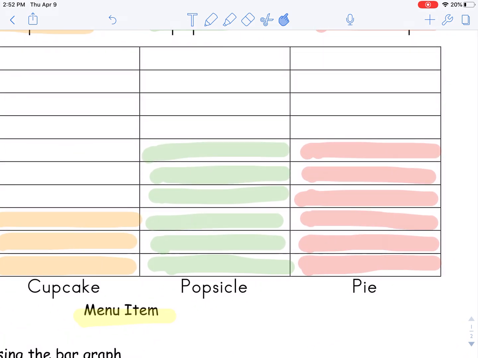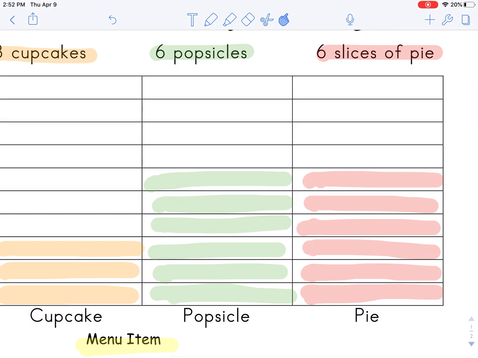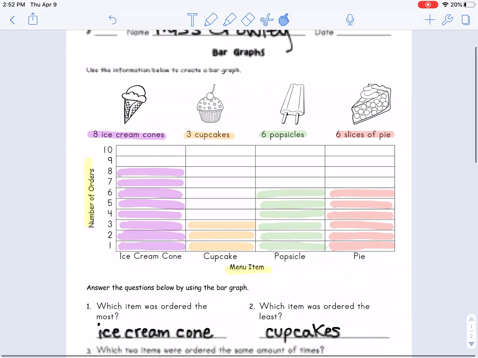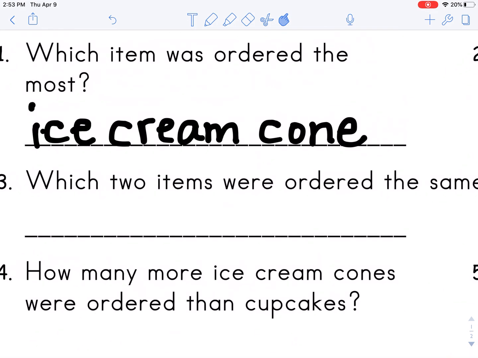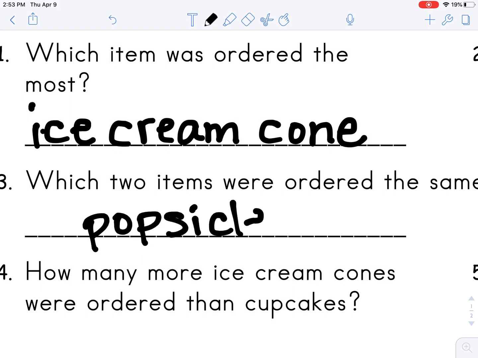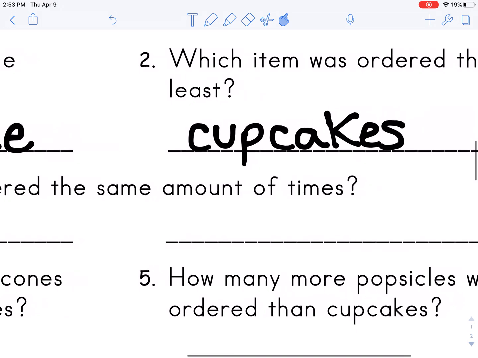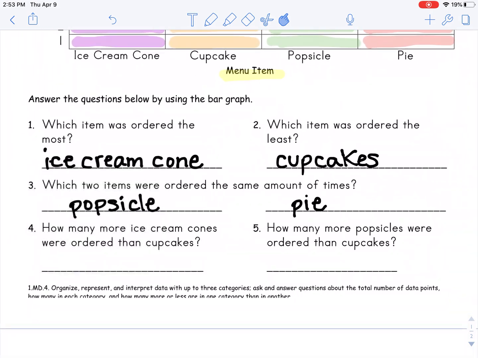The popsicle was ordered 6 times and the slice of pie was also ordered 6 times. So those two items were ordered the same amount of times. So we have the popsicle and we have the pie. Those 3 questions are pretty easy.